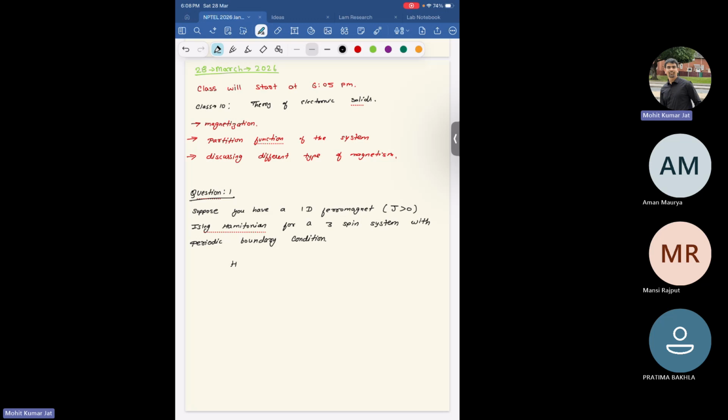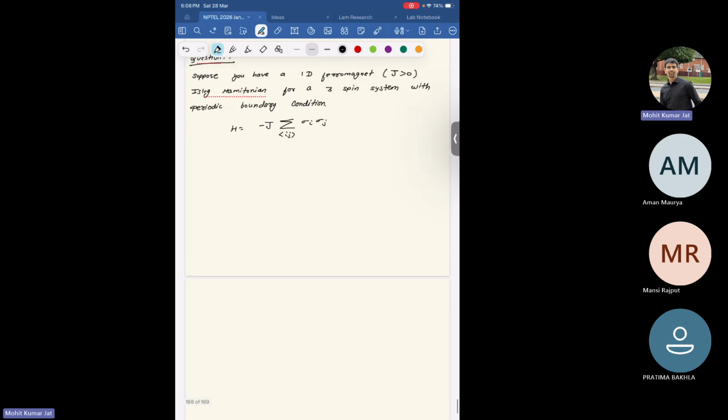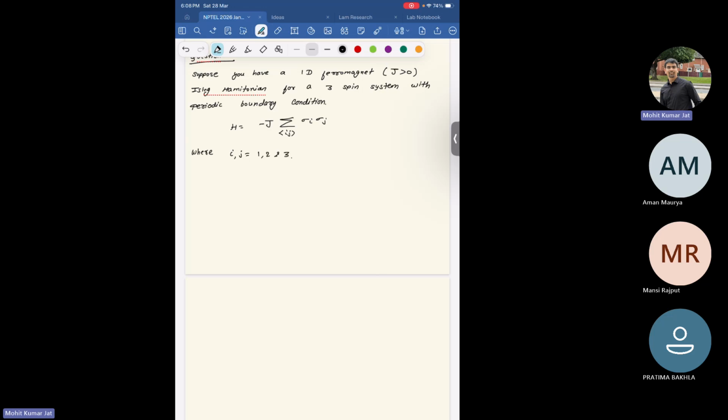So your Hamiltonian H is nothing but minus J, where J is greater than 0, summation over ij of sigma i sigma j, where i and j are equal to 1, 2 and 3, because as I said, 3 different spin system, and ij denotes the nearest neighbor.